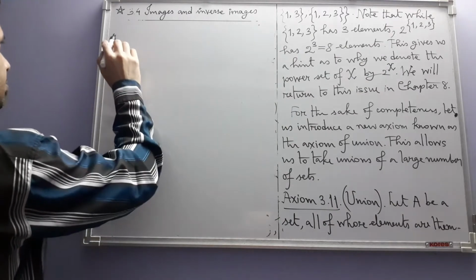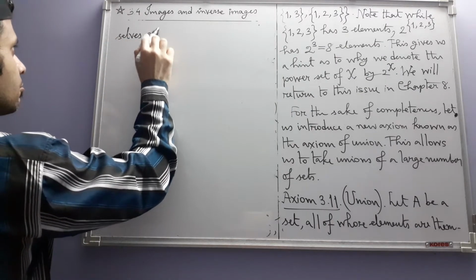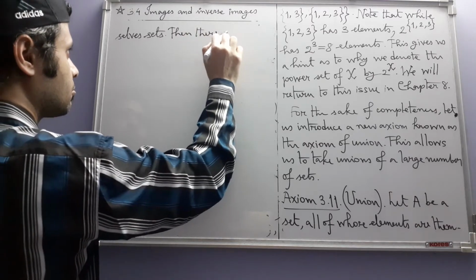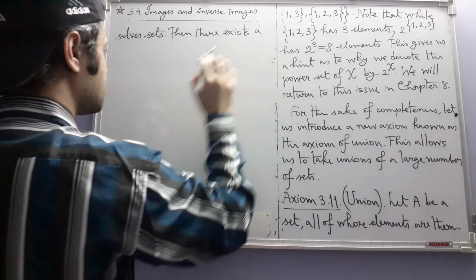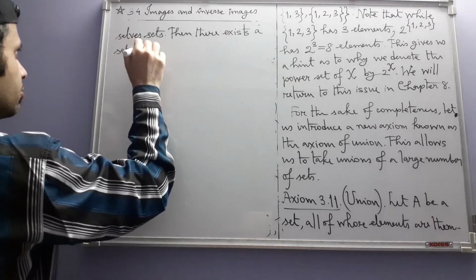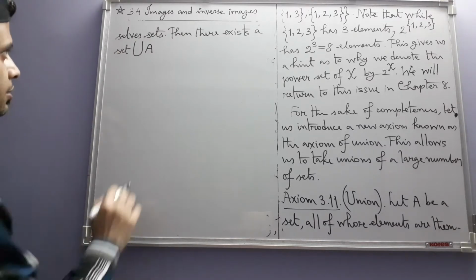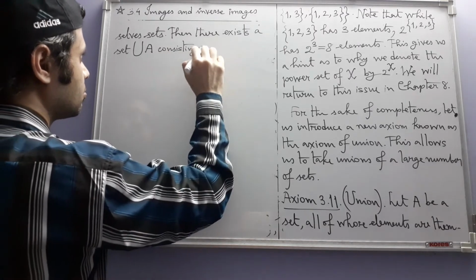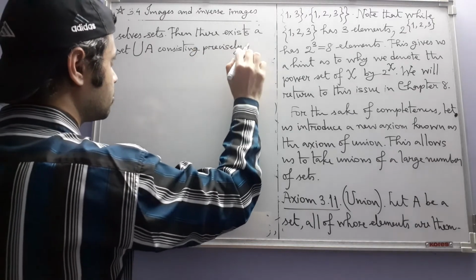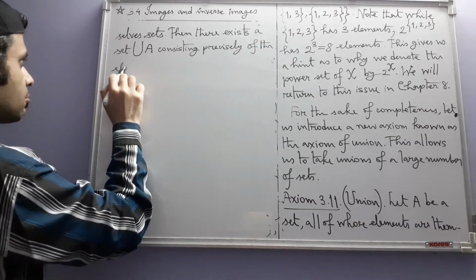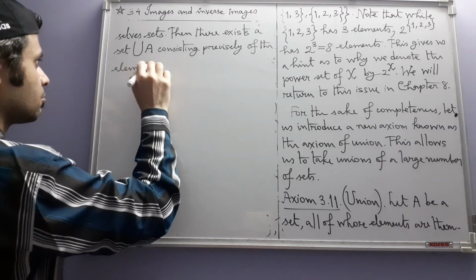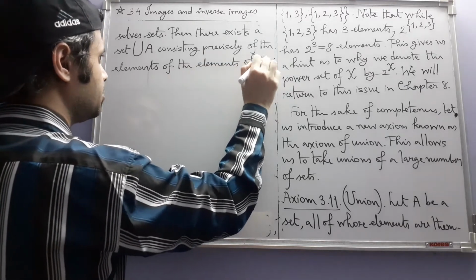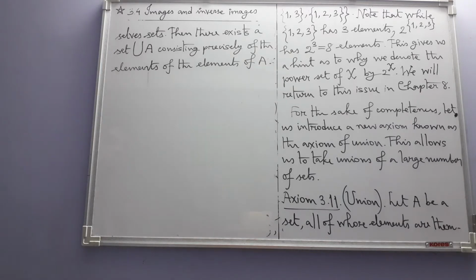All of whose elements are themselves sets, then there exists a set which we denote by this symbol, consisting precisely of the elements of A. It may be confusing at first, but we will decode this, we will figure this out.